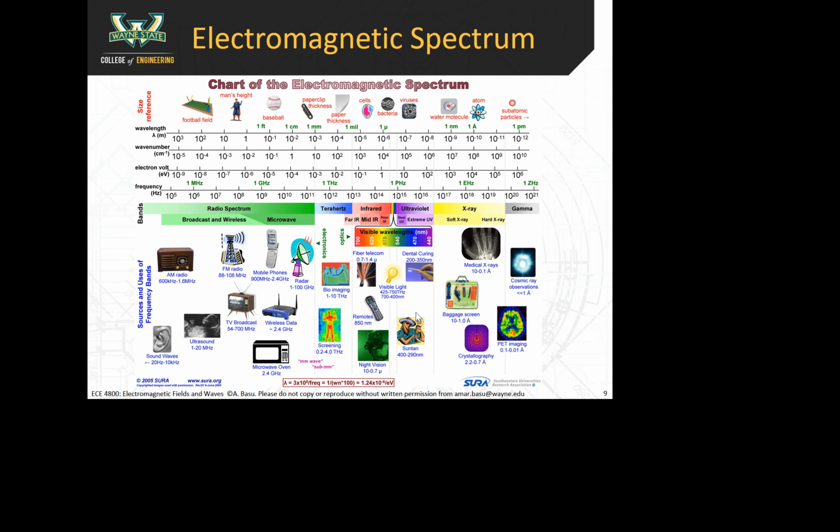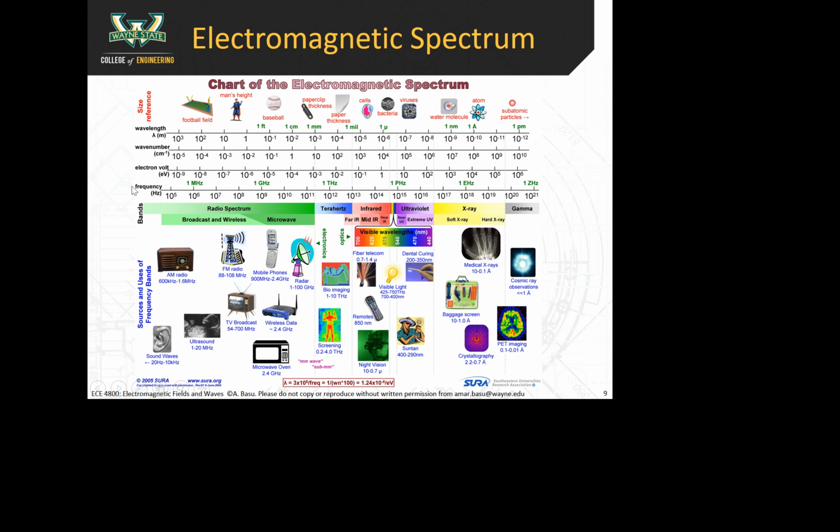Now, you can imagine that these electromagnetic waves, some have a high frequency, some have a low frequency. Some have a high wavelength, some have a low wavelength. Frequency and wavelength are related to each other. They're inversely related. High frequency generally means low wavelength, and low frequency means a larger wavelength.